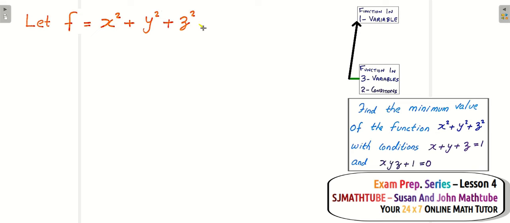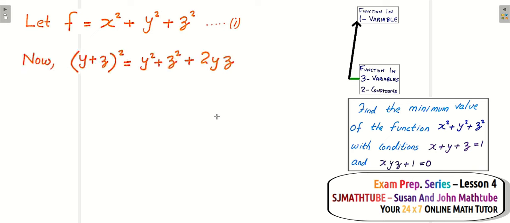Let's give the function a name, x square plus y square plus z square, and let's call it equation number 1. Now look at this. We have this identity, y plus z the whole square equal to y square plus z square plus 2yz.